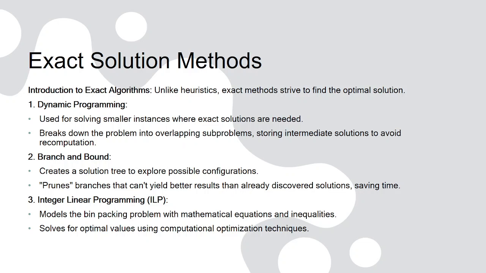Branch and bound uses a tree structure to explore possibilities while pruning unpromising paths. Integer linear programming formulates the problem into mathematical equations for optimization. Although these methods provide optimal results, they are computationally intensive and mostly suited for smaller instances.